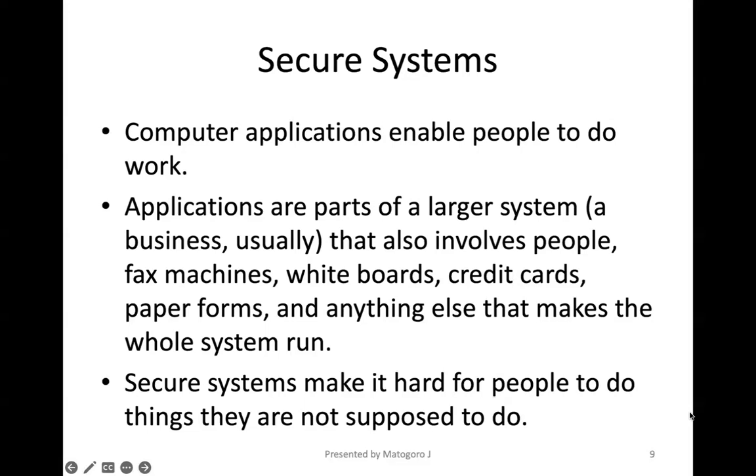But because of the secure system, it is hard for a student to do a self-signing of the results in a particular course. So a secure system makes it hard for people to do things they are not supposed to do because of the privileges that they have been given.